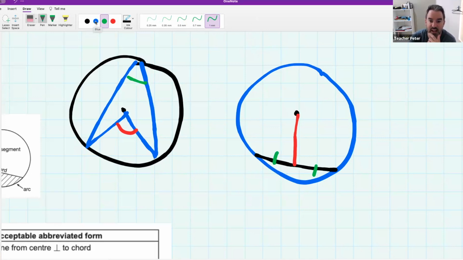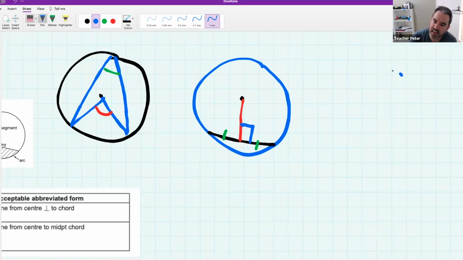So that red line, it already bisects the chord, yes, but the theorem actually is that if it goes to the midpoint, it will be at what? So a line from the center to the midpoint of a chord will always be at 90 degrees or perpendicular, yes.